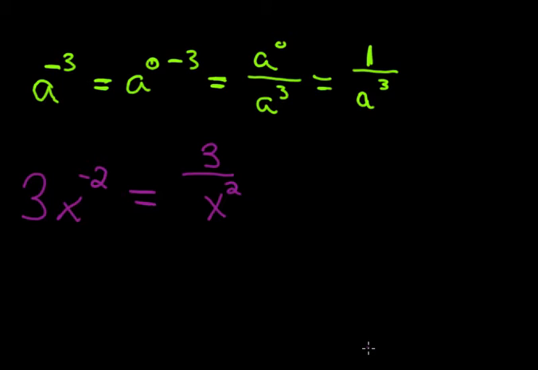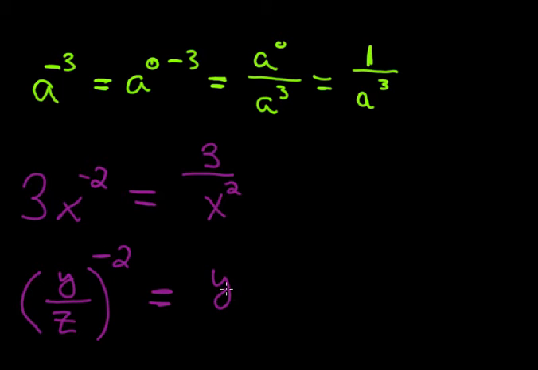If we're looking at a collected fraction, we'll say y over z all to the negative 2. Well, my power to the quotient rule is going to say I have y to the negative 2 over z to the negative 2.